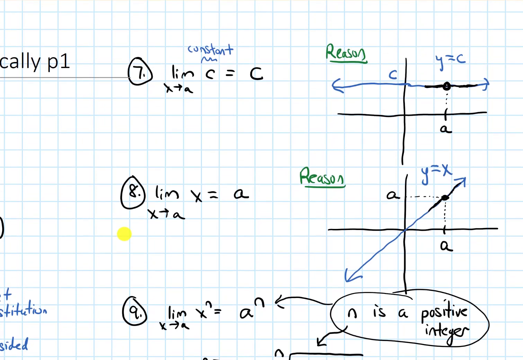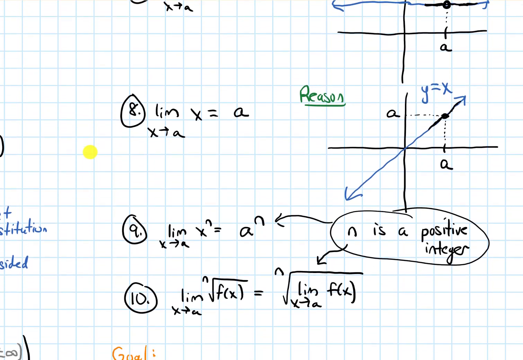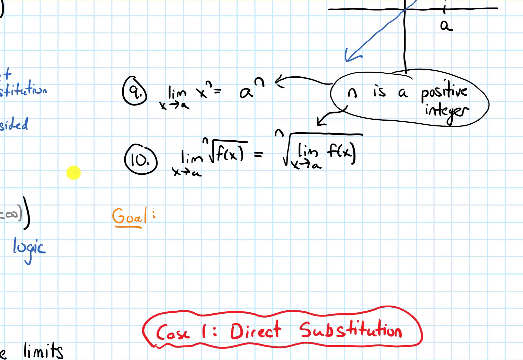Looking back at limit law 8 and limit law 9, notice that algebraically we could just plug in a for the x. It turns out we will be able to do that for some limits in general, and that's our next goal. Our next goal is, how can we evaluate the limit as x approaches a of some function algebraically?